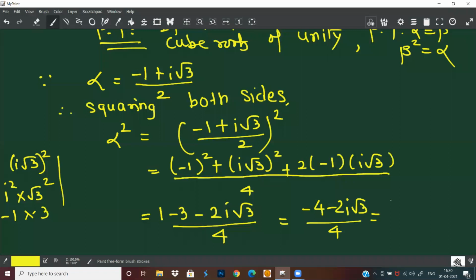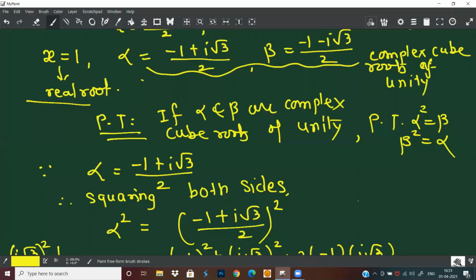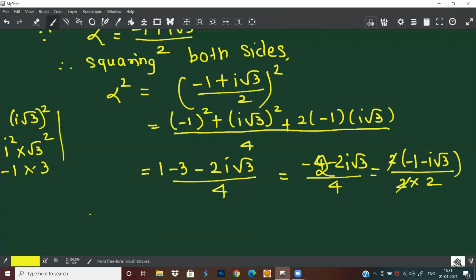So you can take 2 common: minus 1 minus I root 3. 4 is 2 into 2, so one 2 cancels. So let me show you what is beta. See, is it not your beta? Look here, that is your value of alpha square. Therefore, you get alpha square is equal to beta, hence true.